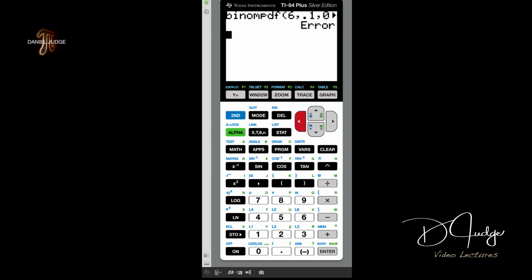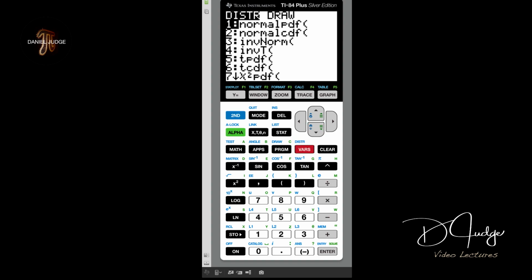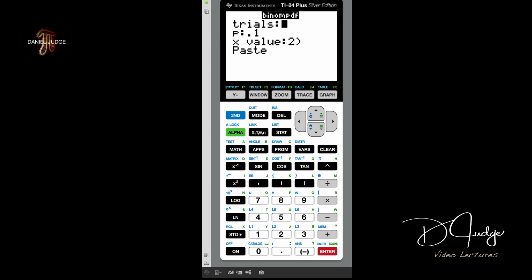Let's see. Oh, anyway. Okay, let's just try that again. Second distribution. Maybe I'm imagining you can do that. Start with 0. Oh, that's what I did. I put a little parentheses there. No, you can't do that. Delete that. There it is. There's the error. Okay, start with 0. We'll try it again.